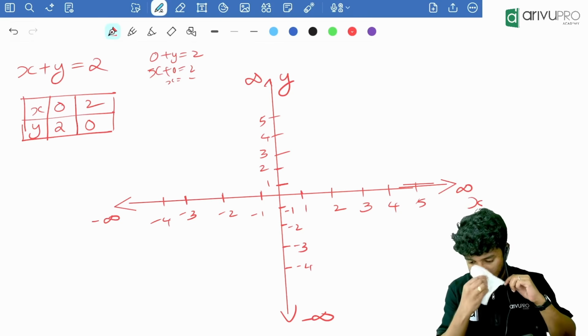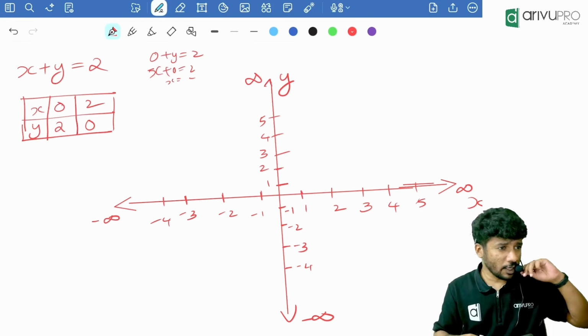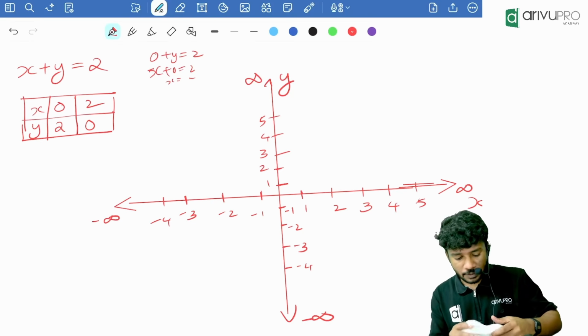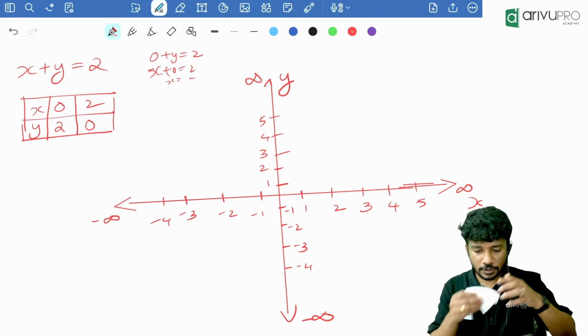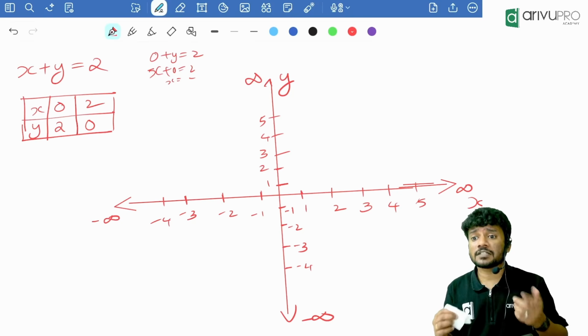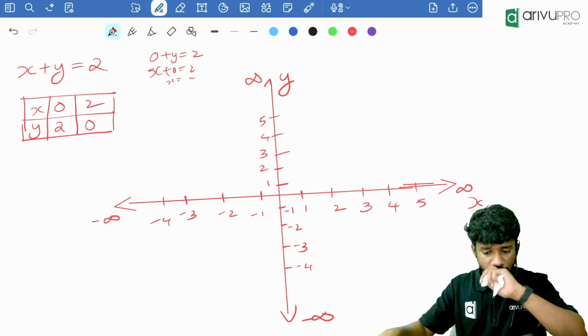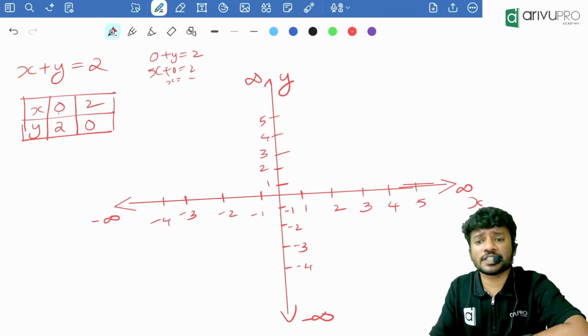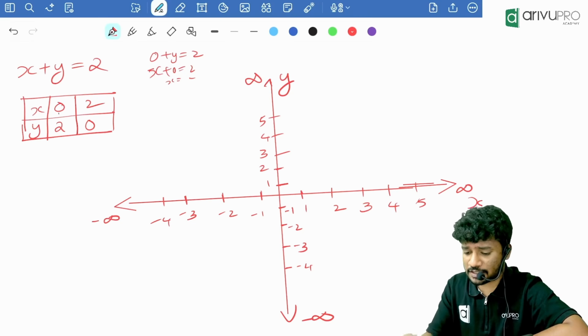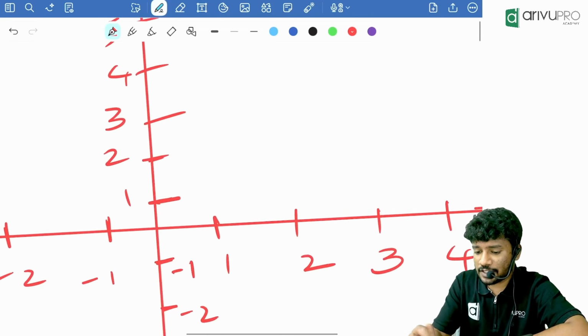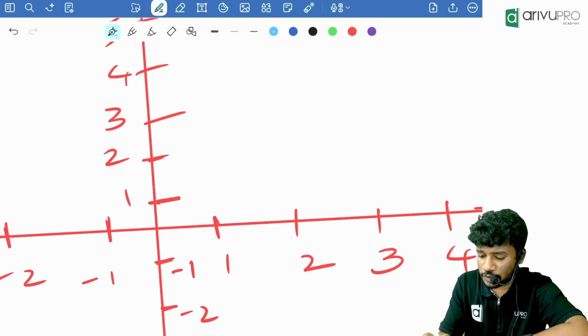Okay? Then what else is given in the question? Please draw the graph for me. How are you drawing the graph? When x is equal to 0, y is equal to 2. Where is the point?